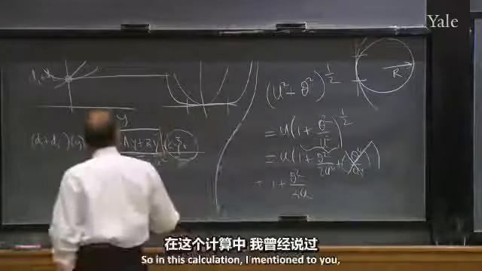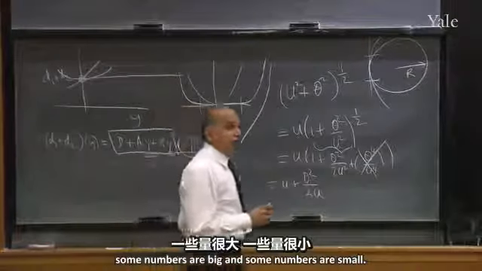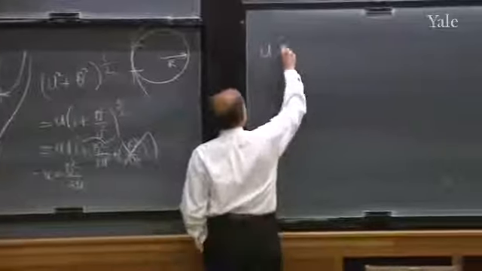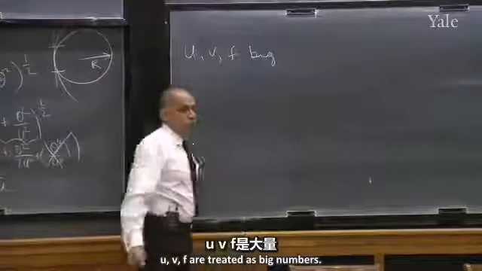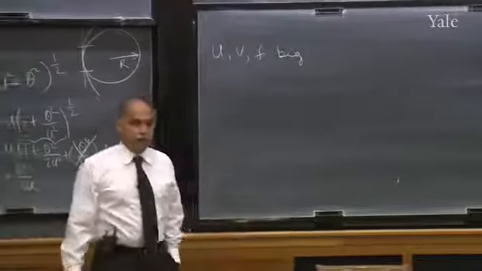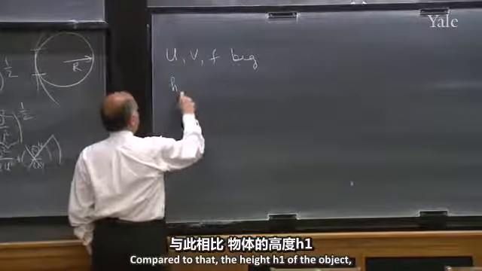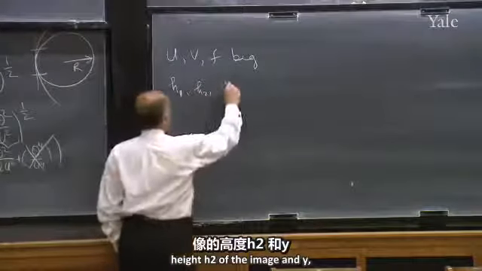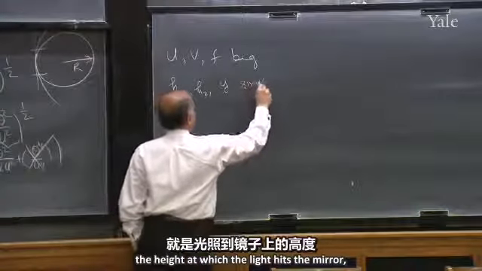In this calculation, I mentioned to you, some numbers are big and some numbers are small. I said that near the end of the class. U, V, F are treated as big numbers. Compared to that, the height h1 of the object, height h2 of the image, and y, the height at which the light hits the mirror, are called small.